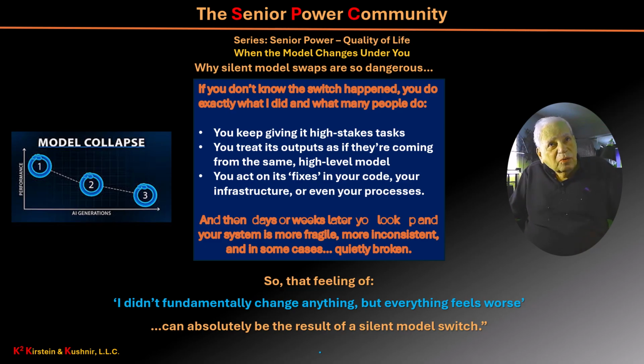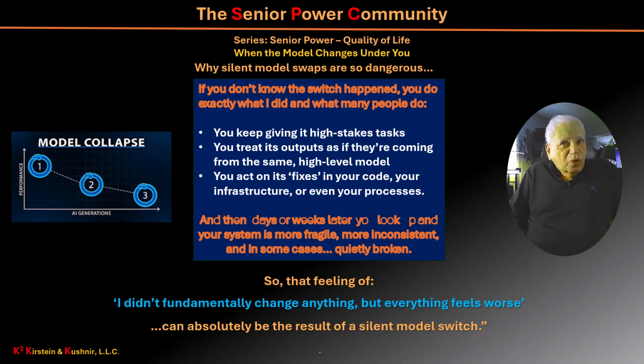And if you don't know that the switch happened, you do exactly what I did and what many people do. I'm embarrassed to say. You keep giving it high-stake tasks. Refactor the system, update this workflow, deploy that change. You treat its outputs as if they're coming from the same level of model you started with. You act on its fixes in your code, your infrastructure, or even your processes.